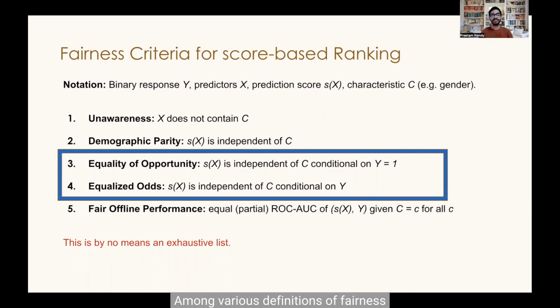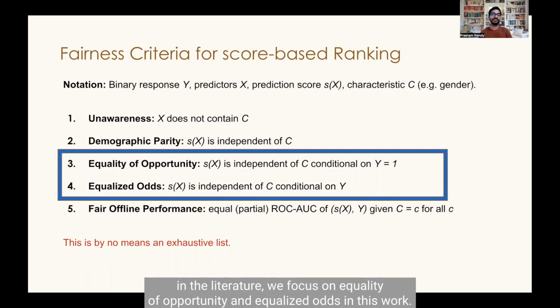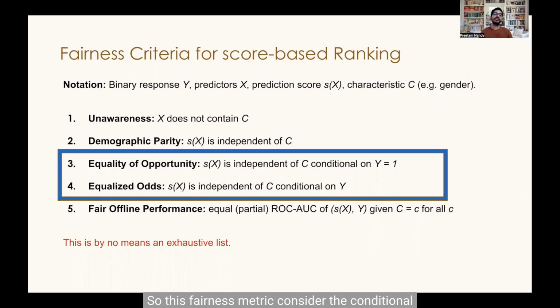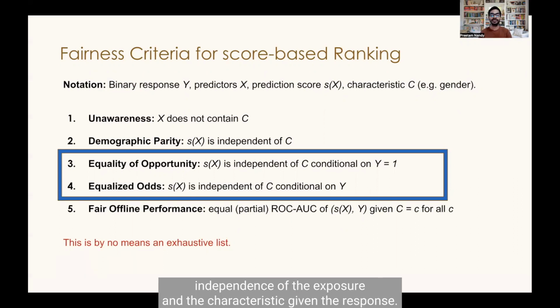Among various definitions of fairness in the literature, we focus on equality of opportunity and equalized odds in this work. This fairness metric considers the conditional independence of the exposure and the characteristic given the response.